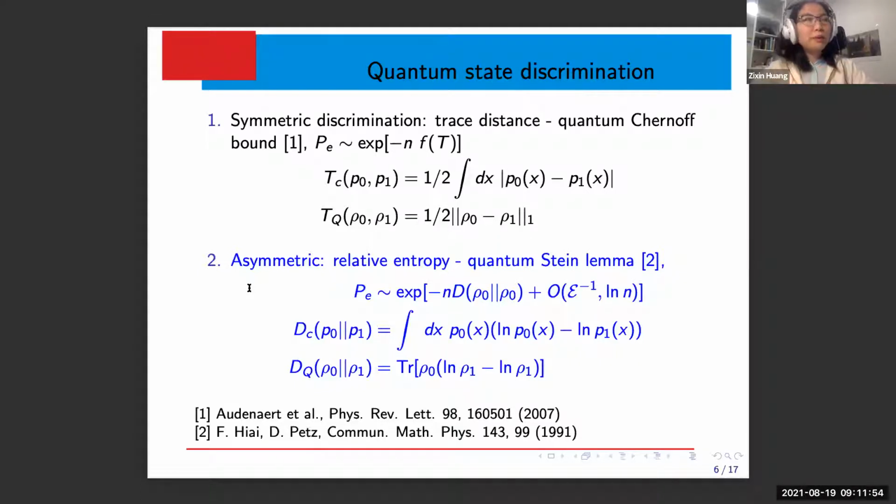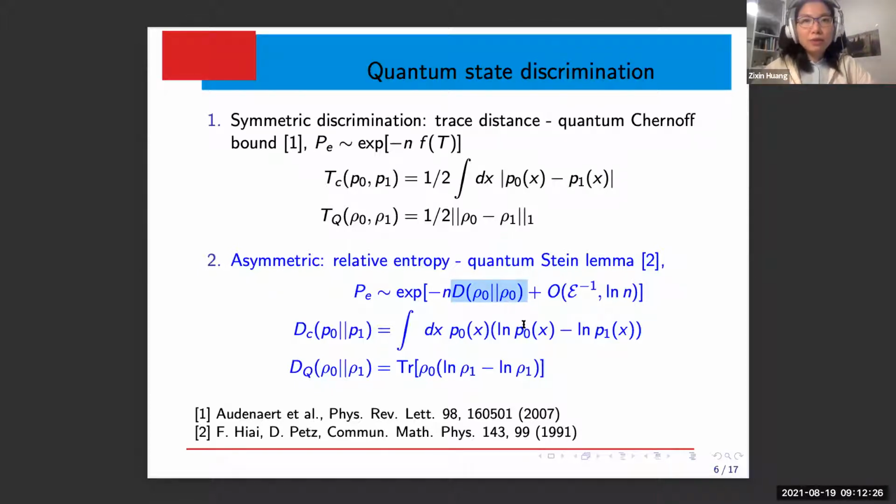So the question we want to quantify is, what is the probability of missing the planet? So given that the planet is there, what is the probability of mistaking it for the vacuum? And that question is answered by the quantum Stein lemma. It states that the probability of error is given by the negative exponential of n times the quantum relative entropy.